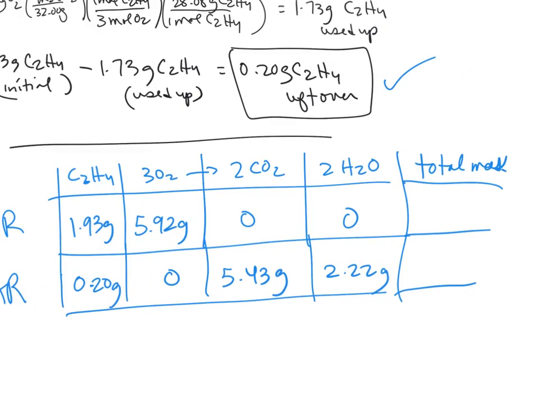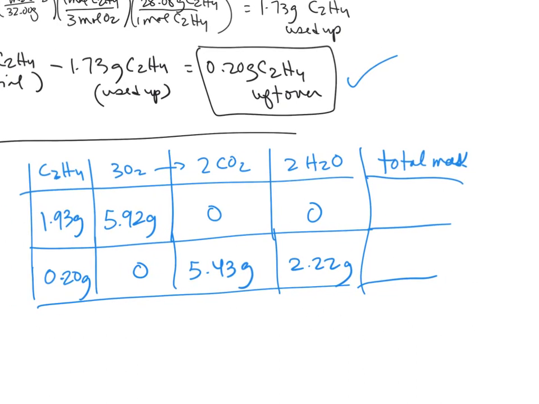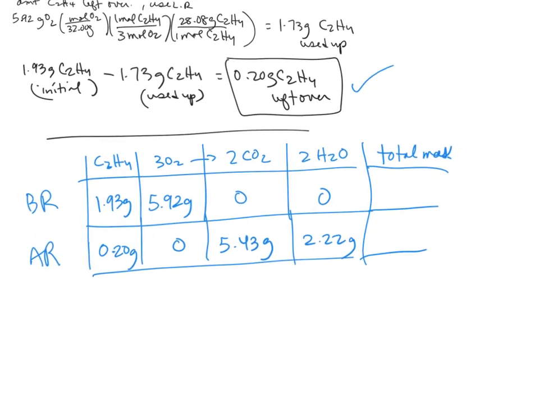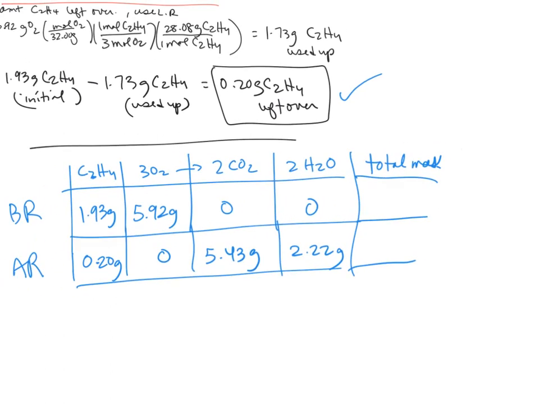And so if you add them up, you get a total of, let's see, my notes are so bad here. I can't read them. 7.85, is that right? Grams. And then 7.85 grams again.